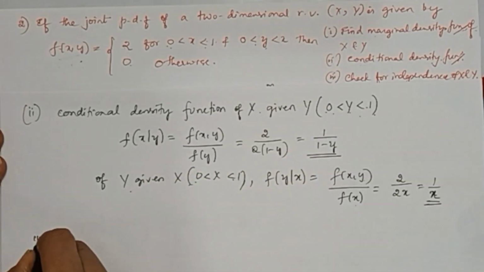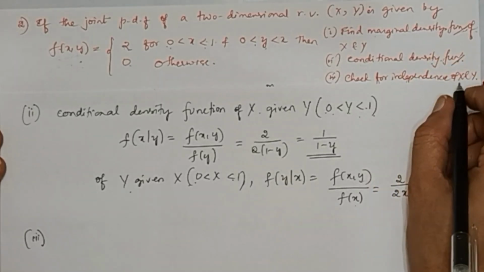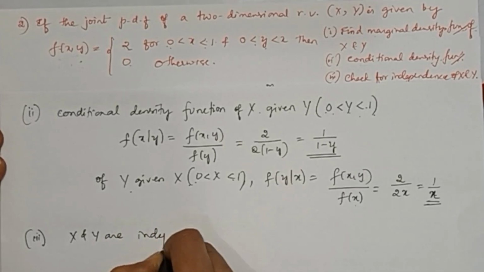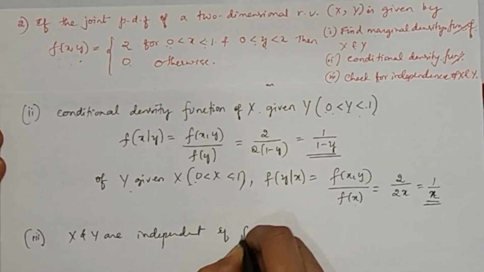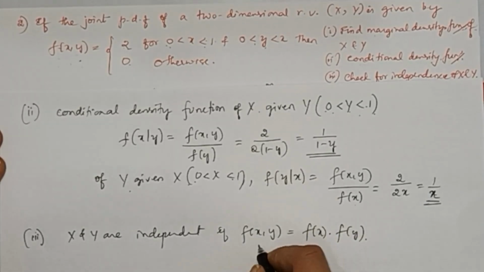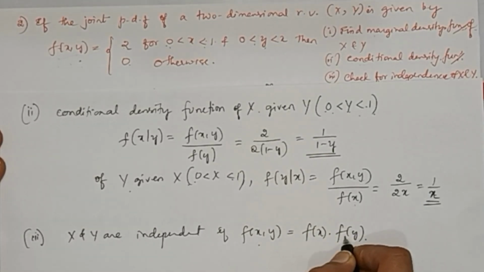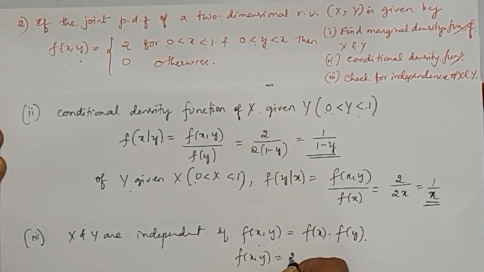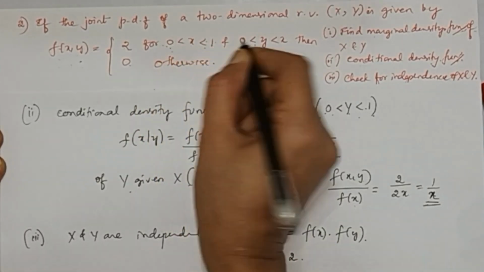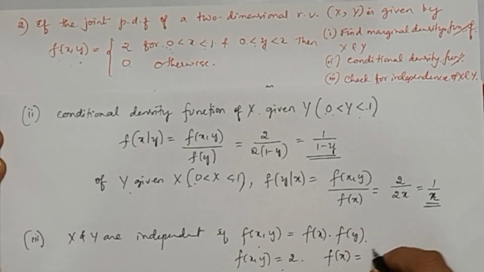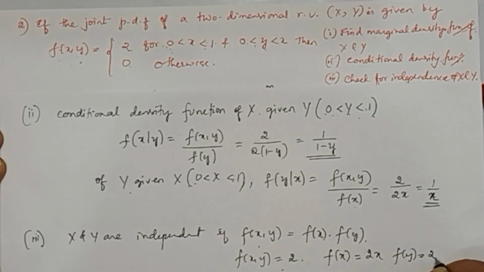Last one, you have to check for independence of x and y. X and y are independent if f of x comma y equals f of x into f of y, that is, the joint density function is equal to the product of marginal density functions. This is very clear. F of x comma y equals 2 in this range, and for the same range we got f of x as 2x and f of y as 2 into 1 minus y.